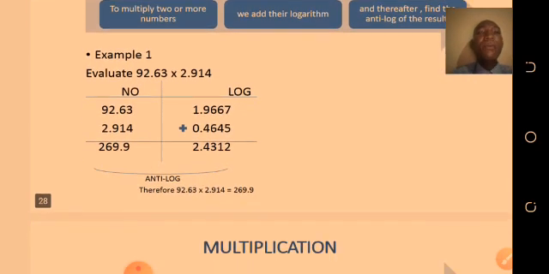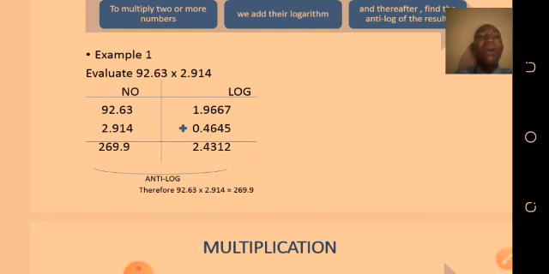Example 1. Evaluate 92.63 multiplied by 2.918. You tabulate it. You put the numbers on the left hand side and the logarithm on the right hand side. The numbers are arranged on the left hand side, which is 92.63 and 2.918.